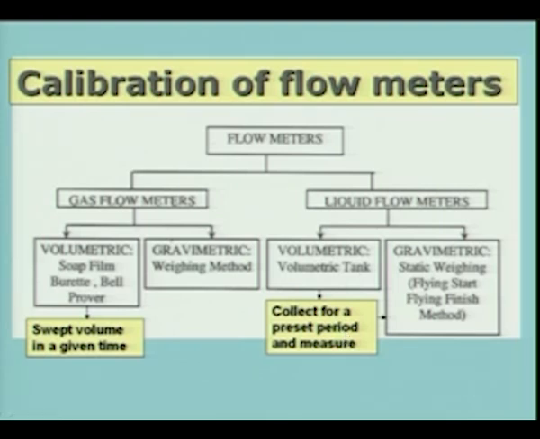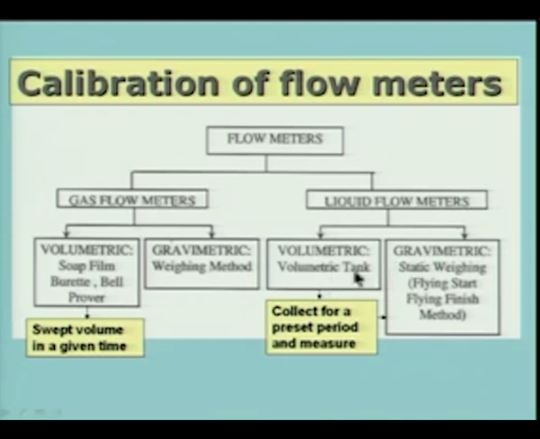For example, I can have a beaker or a bucket in which I can collect the water, and weigh the bucket before and after collecting a certain volume of liquid which has flown through the system. By measuring the volume, if I know the density of the liquid, I can find out the volumetric flow rate, or I can directly find out by weighing it the mass flow rate of the liquid.